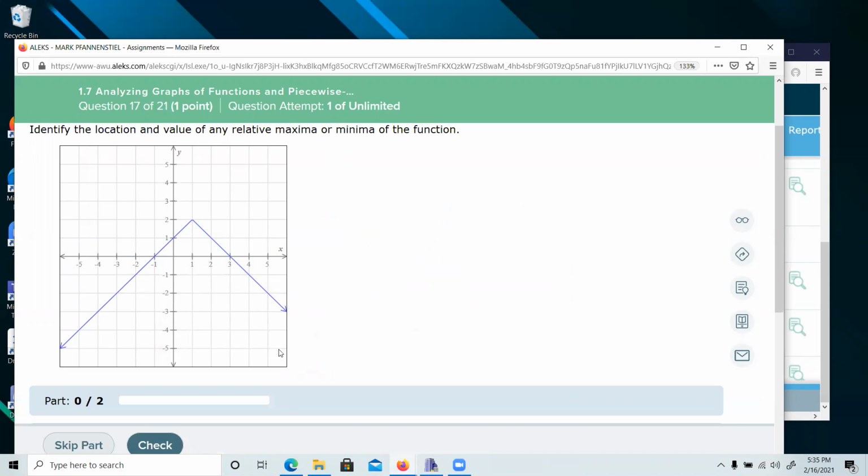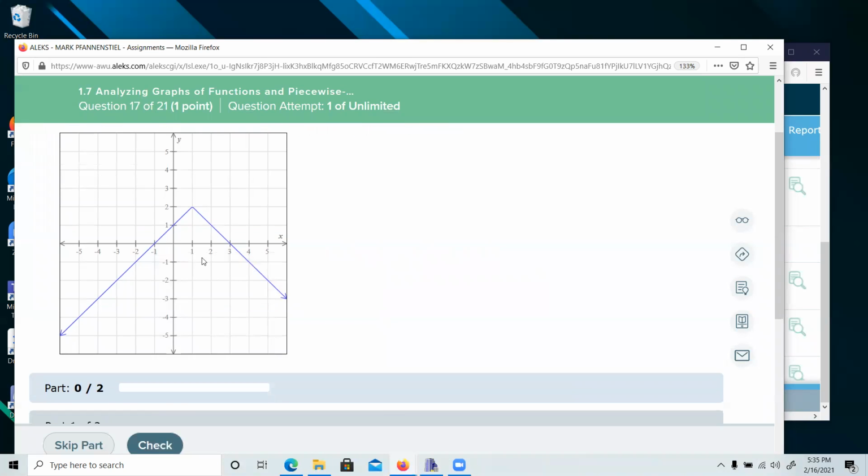Now, this graph does not have an absolute minimum, because these both go down, and if you let them go out long enough, you're going to get to negative infinity. So there is no relative minimum here, but the relative and absolute maximum are at the point (1, 2).